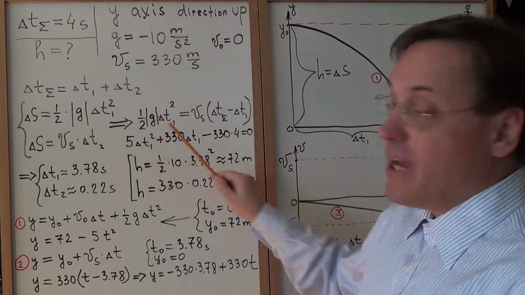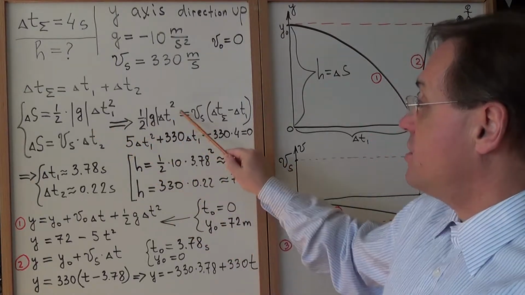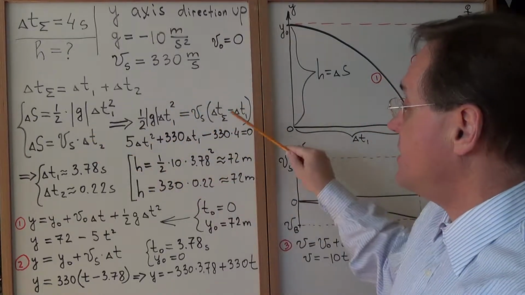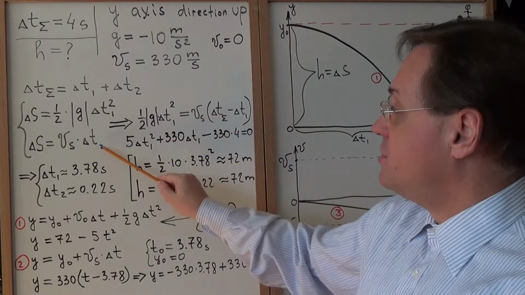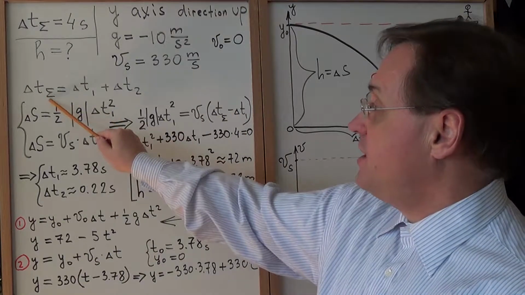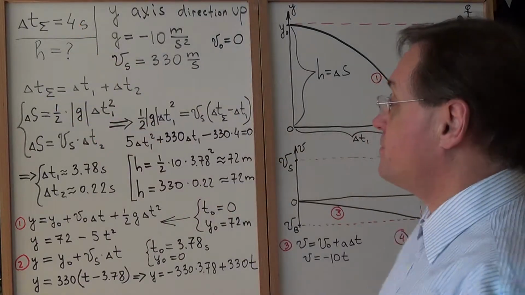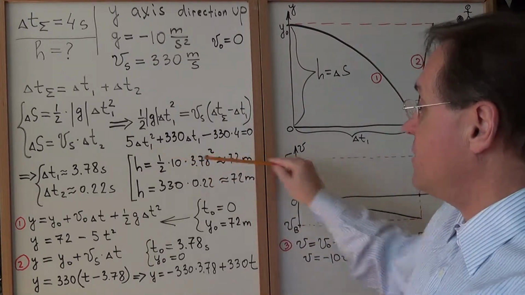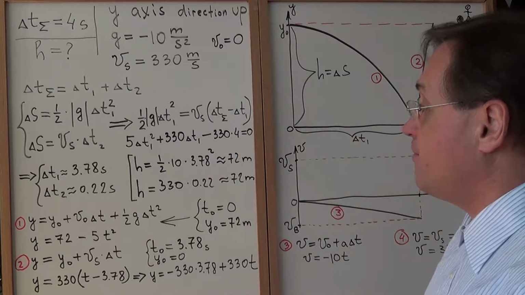So let's create an equation here. We have this left side and this right side, and they're equal. Instead of delta t2 we put delta t total, which we know, minus delta t1. Let's simplify and we'll get a standard quadratic equation.